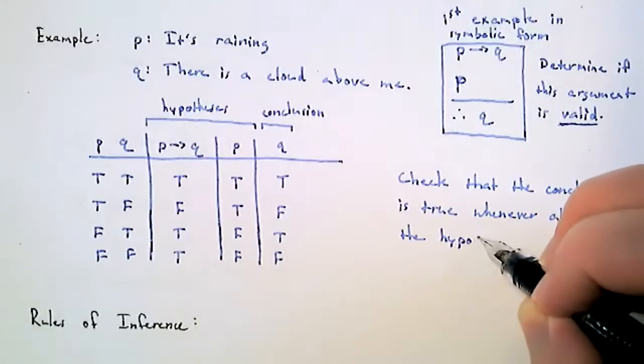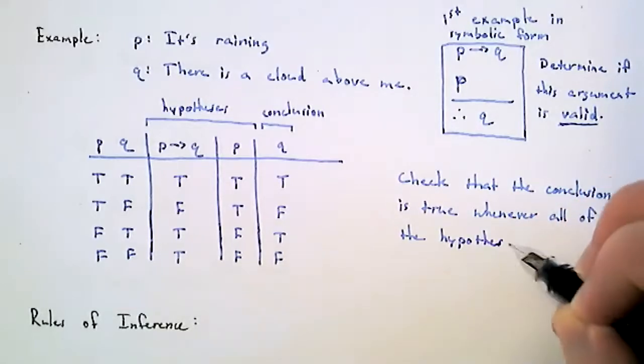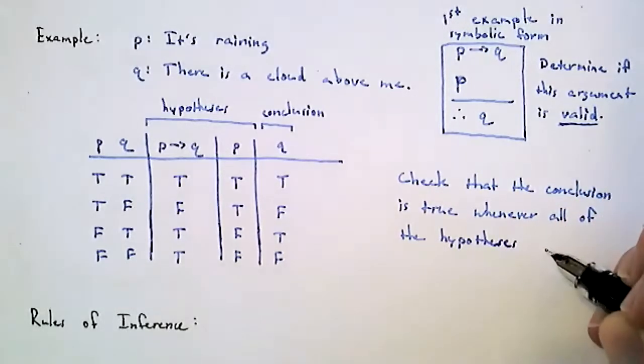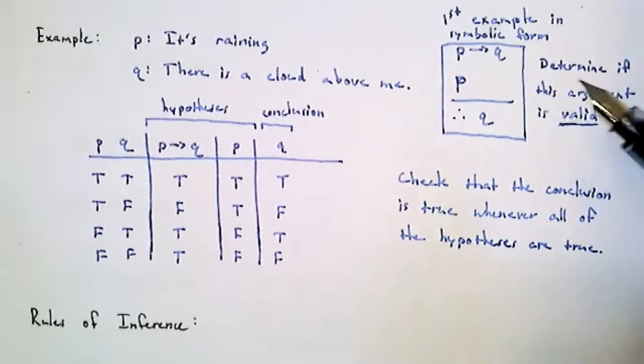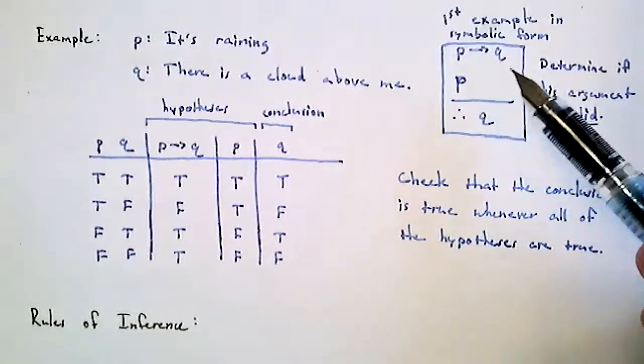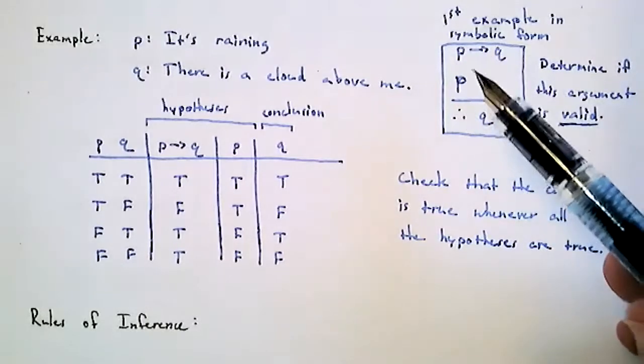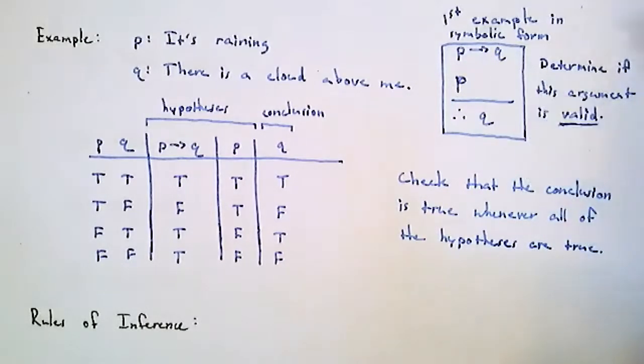So that's what we mean by valid. If the hypotheses are true, the conclusion must be true. So which rows correspond to the two hypotheses being true? So we need a true for if P then Q and a true for P, excuse me.